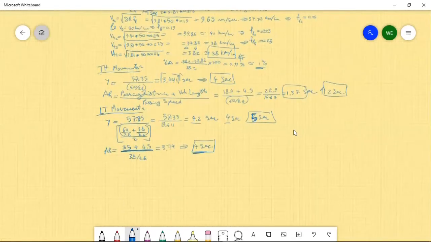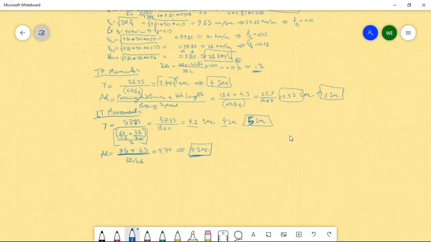Okay, now your question is, in this case, should we take the highest of all? For the yellow time, maybe we have here 4 and 5, we take 5, and for the all red, we have 2 and 4, we take 4. That depends on the phases. For example, if we have one phase with left turn, through, and right turn, in this case you are right.